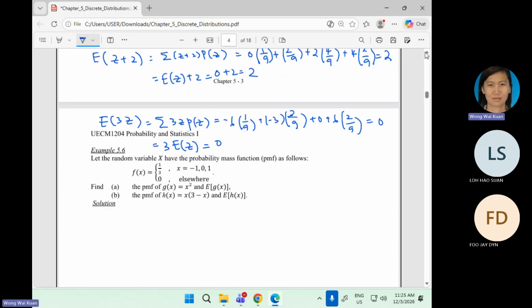When I want a PMF, either you give me in terms of a table or you give me in terms of a function like this. So how can my g(X) be 0?